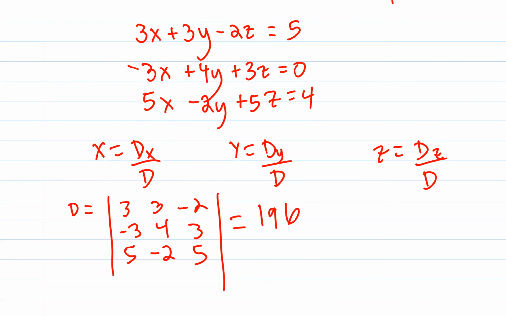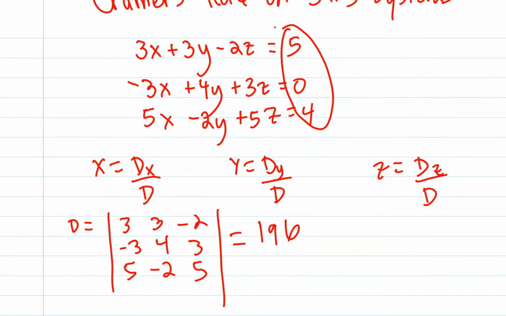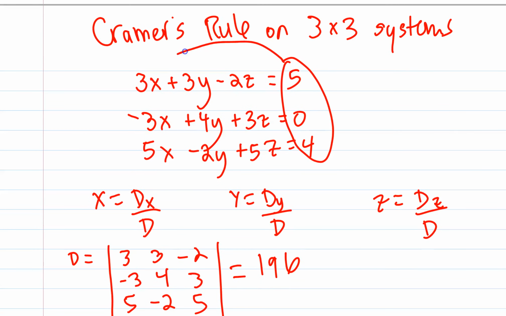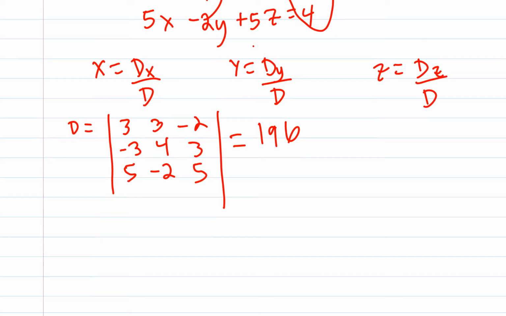Our coefficients are this 5, 0, and 4. If I want to do dx, those are going in place of the x. That's dx. If I put them in place of the y, that's dy. If I put them in place of the z, that's dz. So I'm going to start by doing dx.